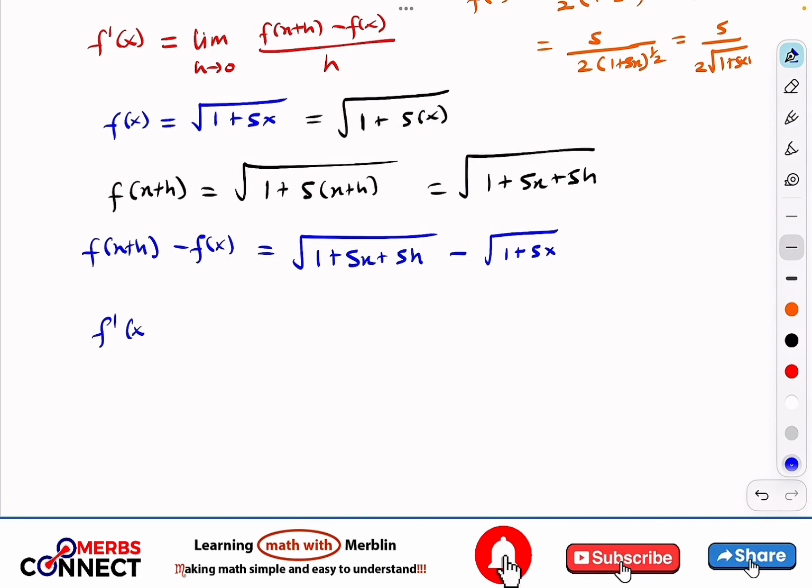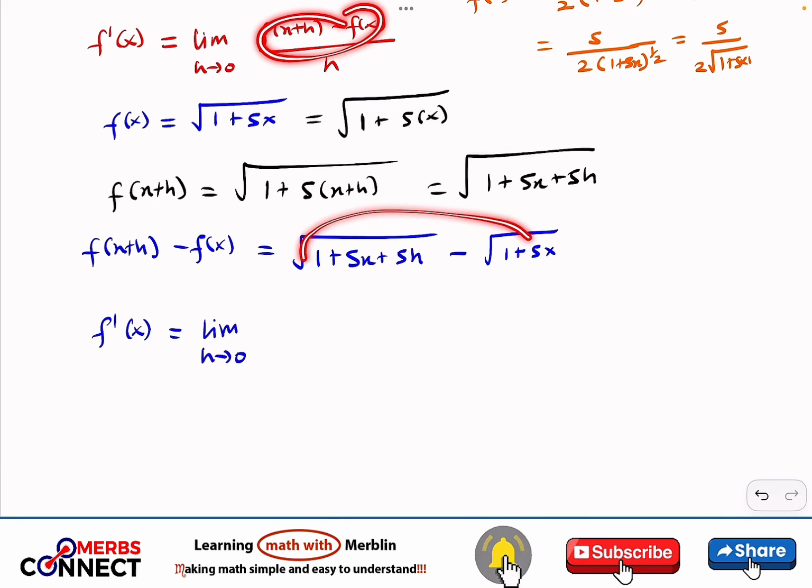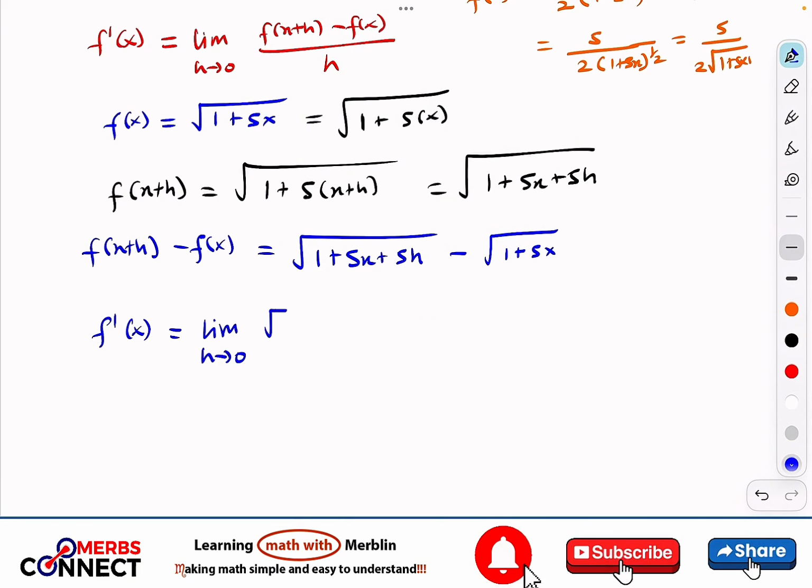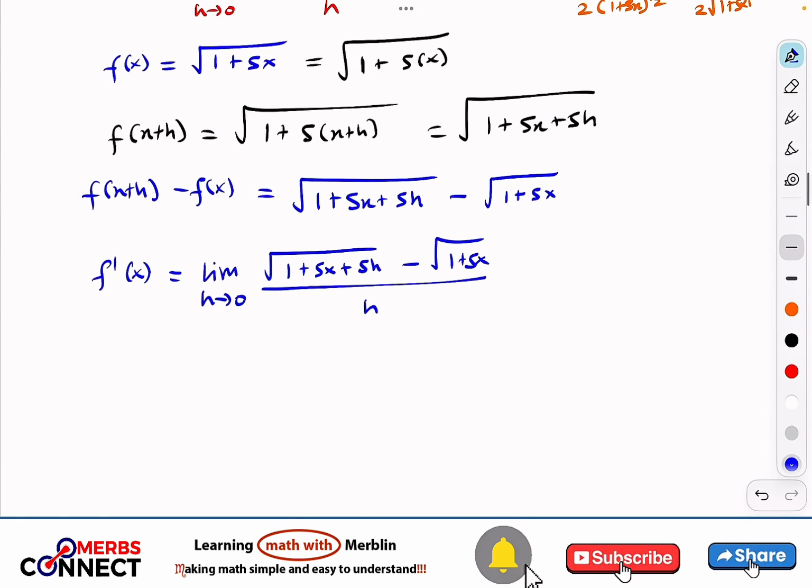So f prime of x is equal to limit h approaching 0, then the whole of this is equal to this. So I'm going to have square root of 1 plus 5x plus 5h minus square root of 1 plus 5x, all divided by h. So what I need to do is I need to find the conjugate.